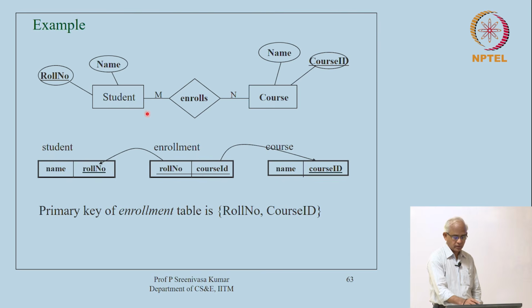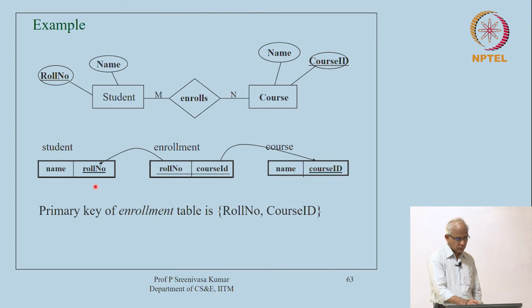Student enrolls for courses. Course is an entity identified by the course ID, student is another entity, roll number is the key, and now this is a many to many relationship. Student enrolls for many courses and each course is enrolled by many students. That is why it is a many to many relationship.